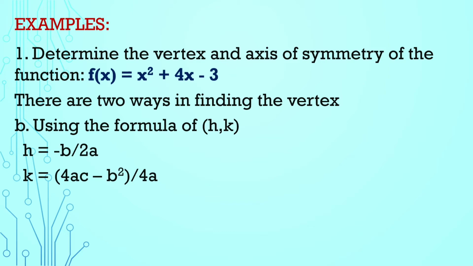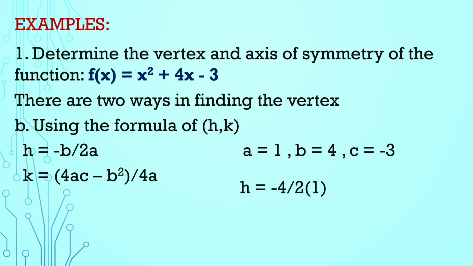Okay na yan. So, i-substitute po natin yung ating mga given sa ating formula para makuha natin si h at si k para ma-identify natin si vertex. So, unahin muna natin ibigay si a, b, at c. So, a equals 1, b equals 4, and c equals negative 3. So, yan po ay nanggaling sa ating function.